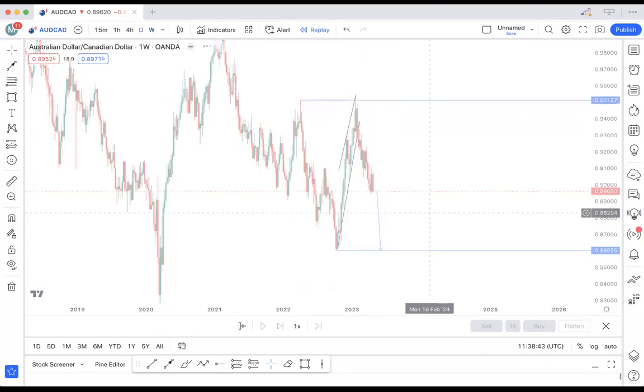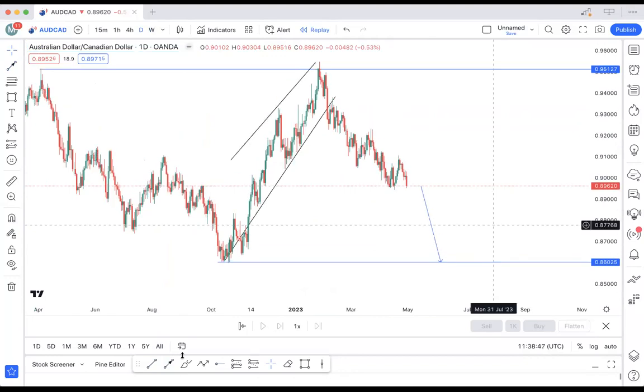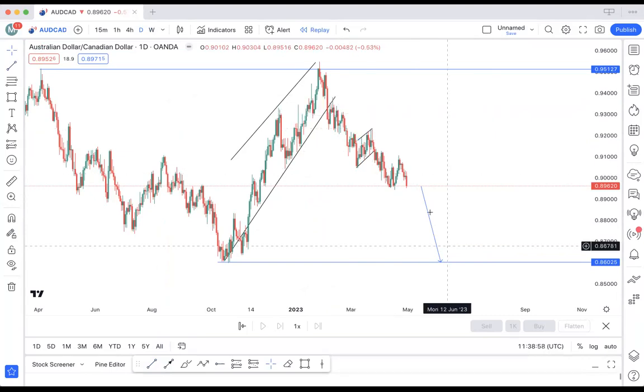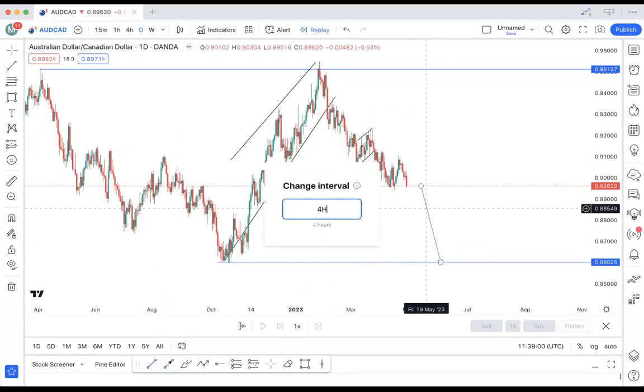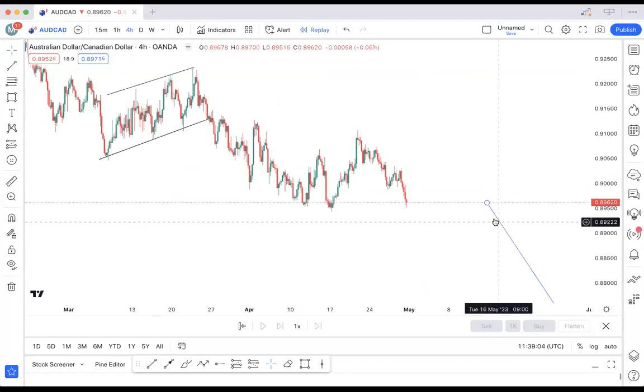Now let us see how the daily structure is looking. On our daily structure, you can see price forming this continuation pattern that broke out, indicating a high probability of dropping to the downside.